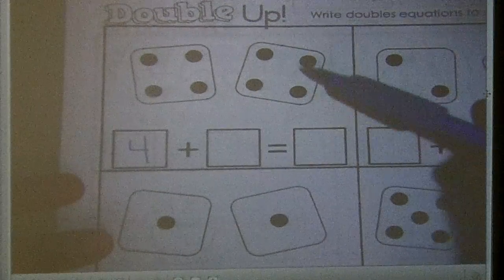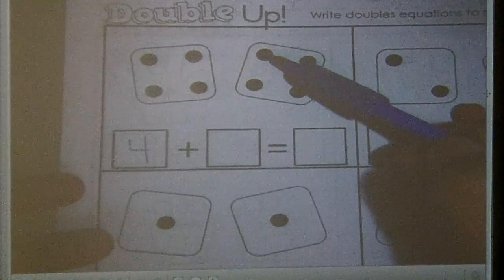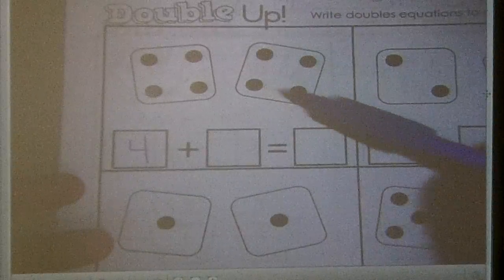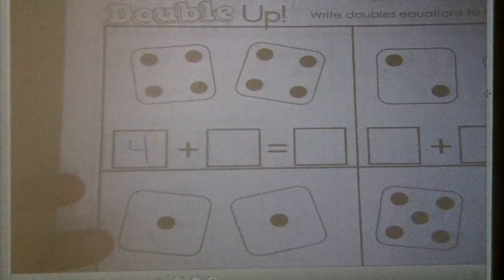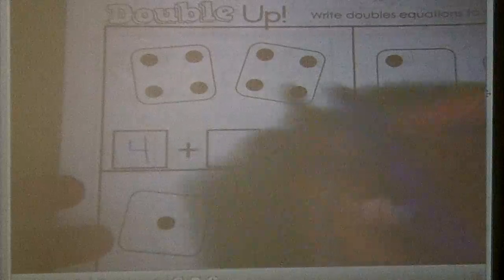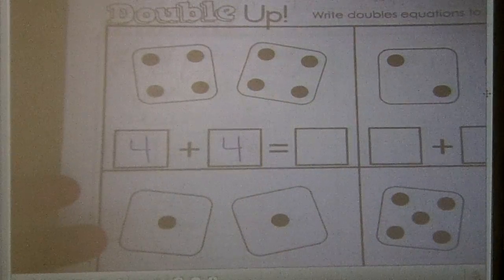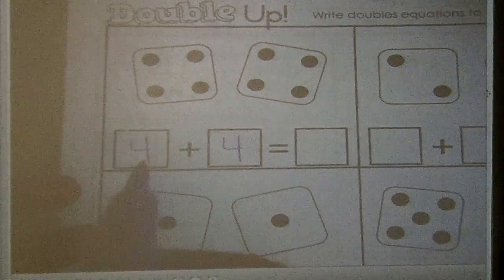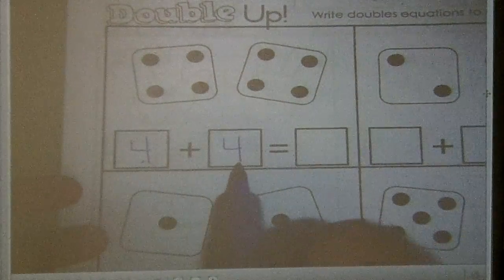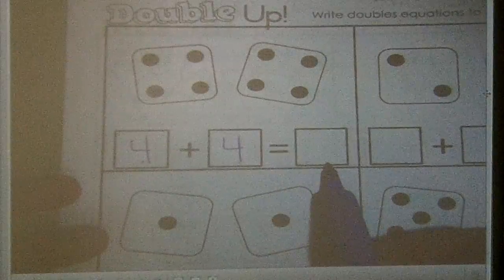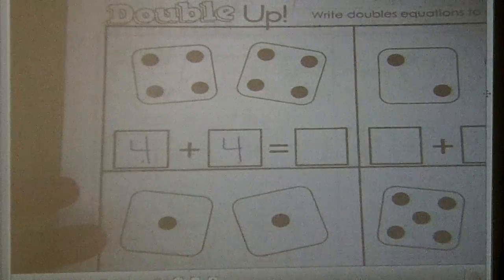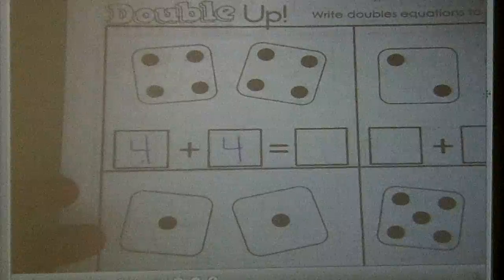Let's count and see how many dots this one has. 1, 2, 3, 4. So we are going to write the number 4. Very good. So let's read our number sentence. 4 plus 4 equals blank.